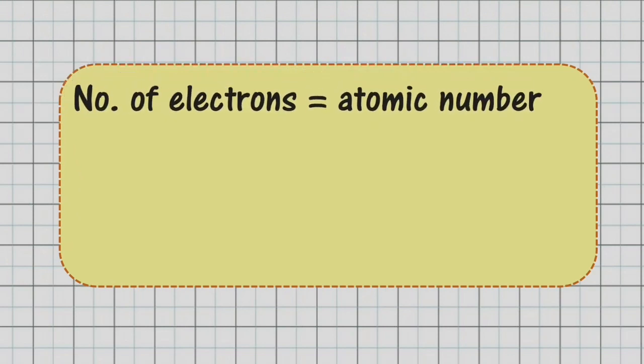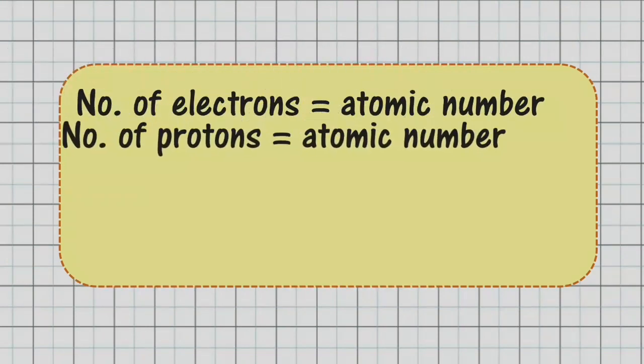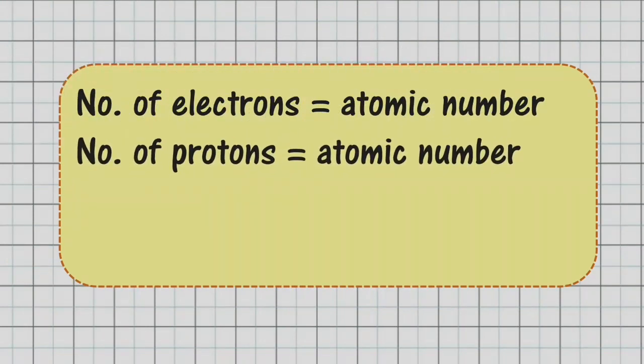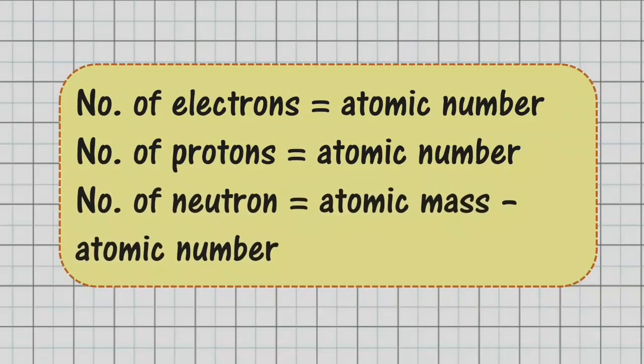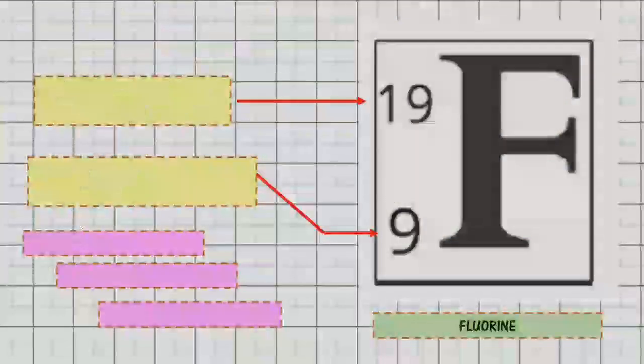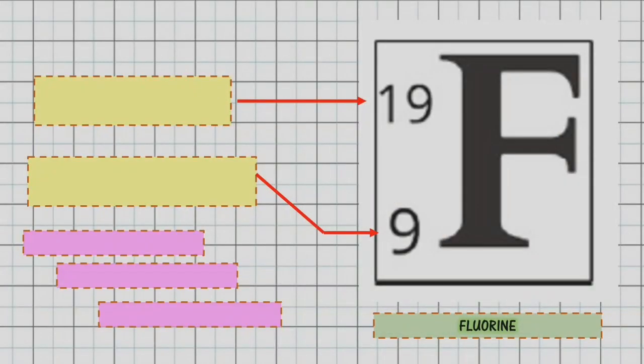For us to get the number of electrons, we must know the atomic number. Atomic number, as I said a while ago, represents the number of electrons and protons. To get the number of neutrons, you have to subtract the atomic number from the mass number.